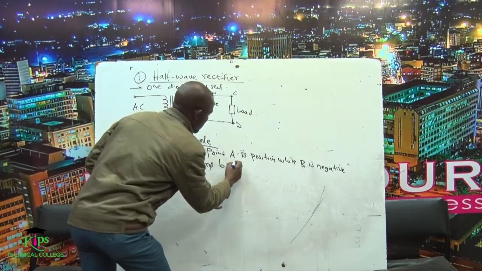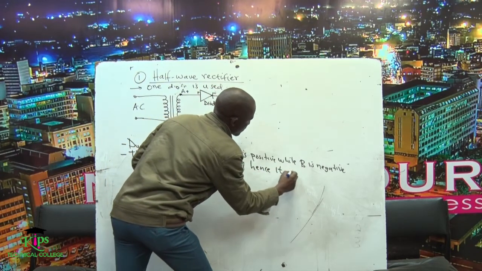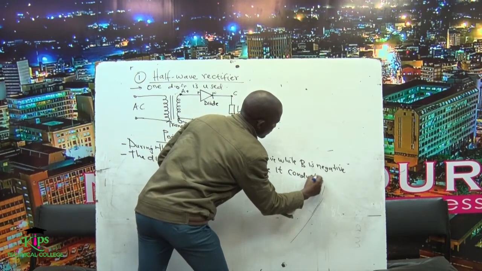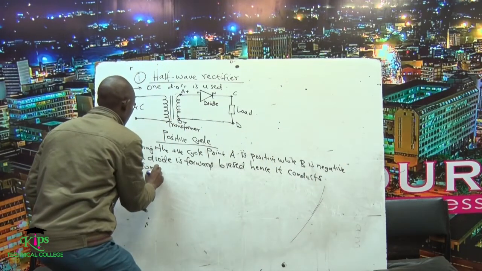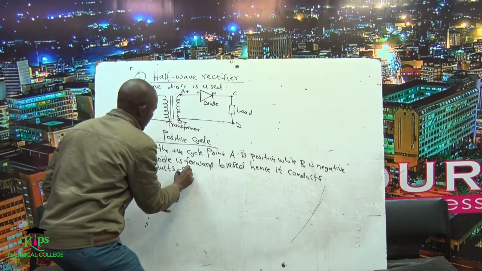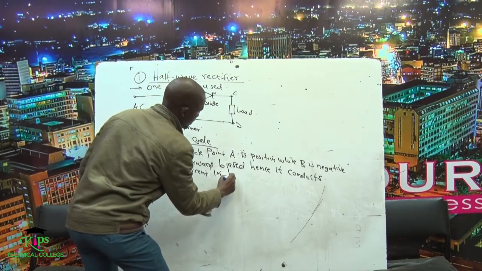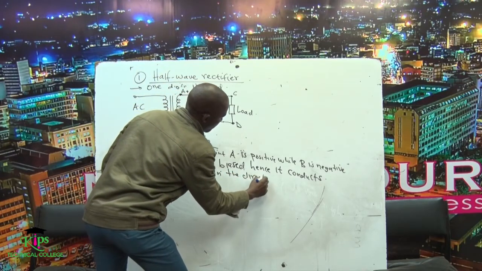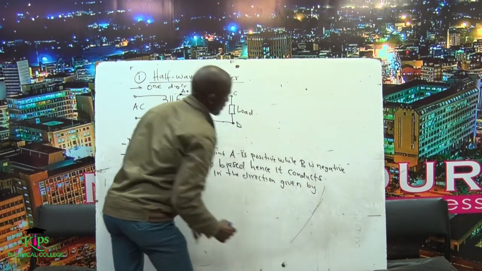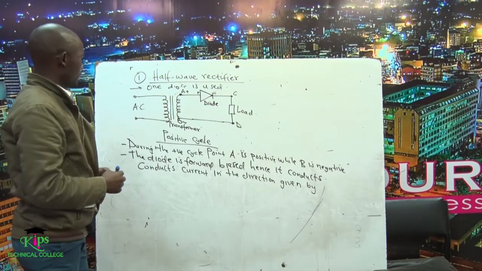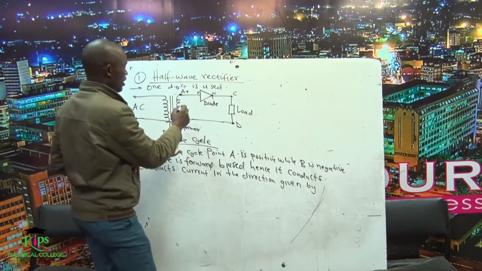The diode is forward biased, hence it conducts current in the direction given by. So we are saying because this diode is forward biased, it will now conduct current.